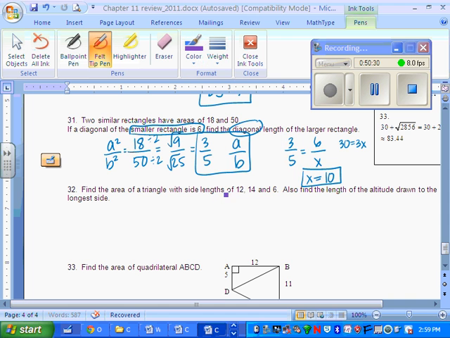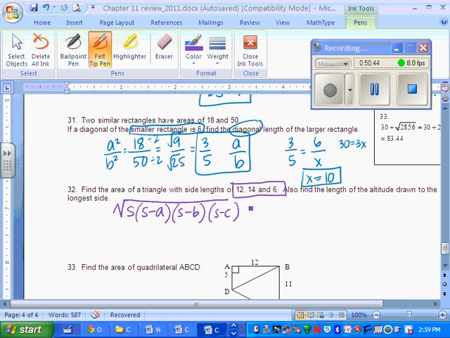Next one, I have 3 sides, 12, 14, and 6. So what I'm going to do is take Heron's formula. Semiperimeter times semiperimeter minus A, one side, semiperimeter minus B, second side, semiperimeter minus C, third side. So if you add them all up, we have 12 plus 14 plus 6, that's 32 divided by 2, that's going to be 16, 16 is my semiperimeter.